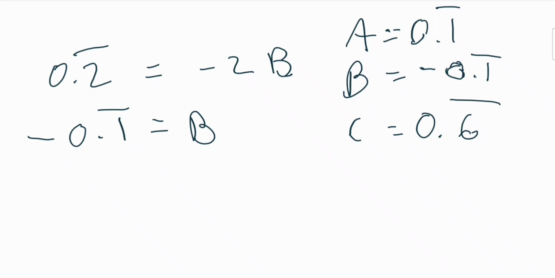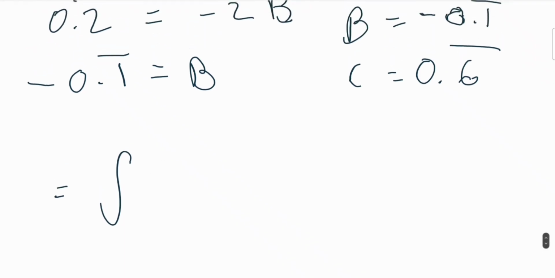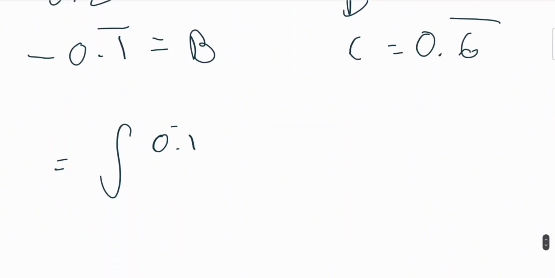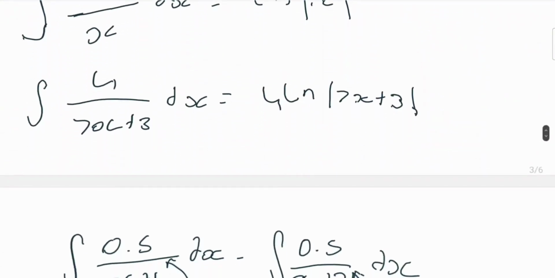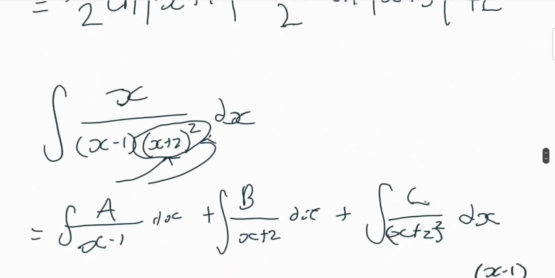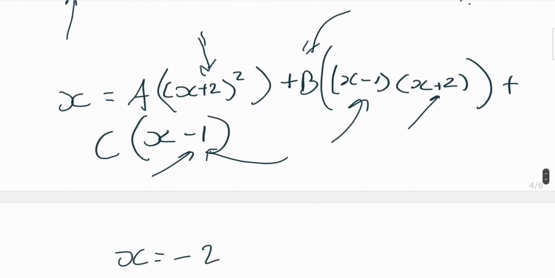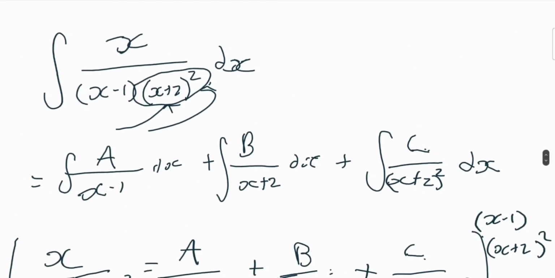Wow. Okay. Now we'll just plug them back into this. Integral of A, in this case 0.1 recurring, over x. Oh, that was a while ago. I forgot what it was again. Is this it? Yes, this is it.